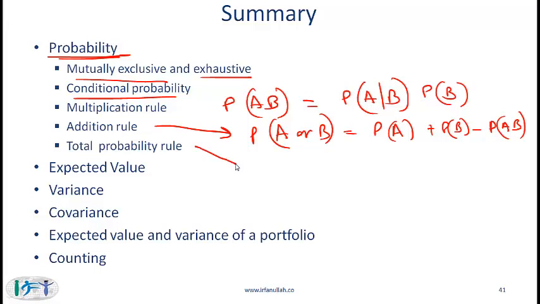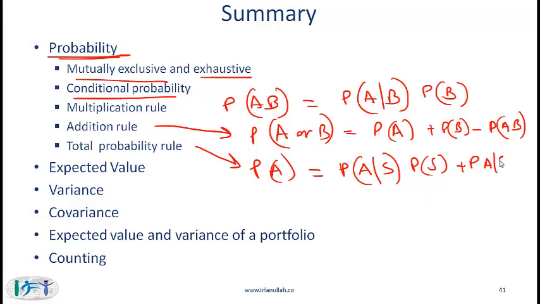You also need to understand the total probability rule, which essentially is a way of moving from a conditional probability into an unconditional probability. So the unconditional probability of A is equal to the probability of A given a particular scenario times the probability of that scenario, plus the probability of A given not that scenario times the probability of not that scenario.